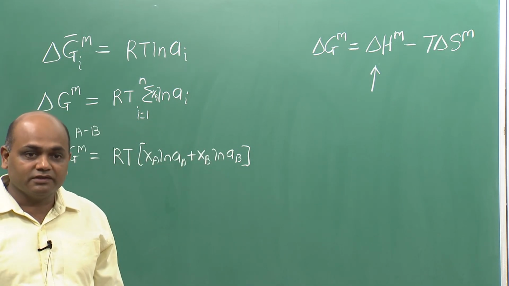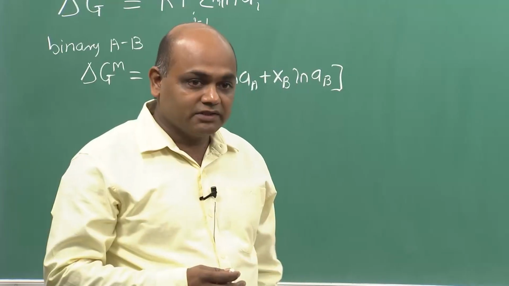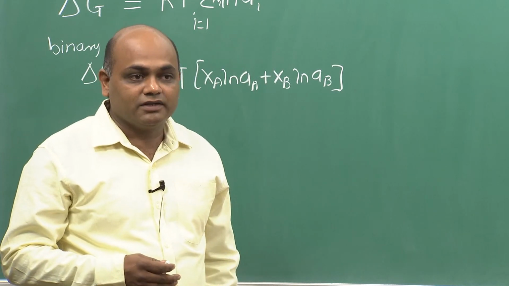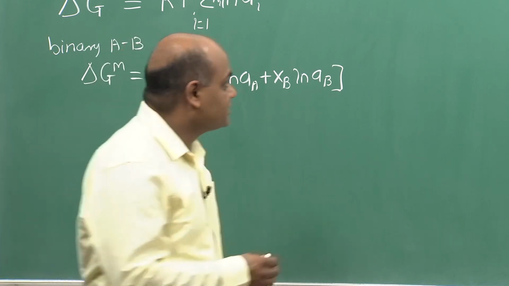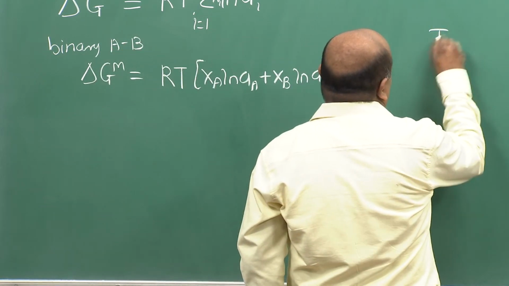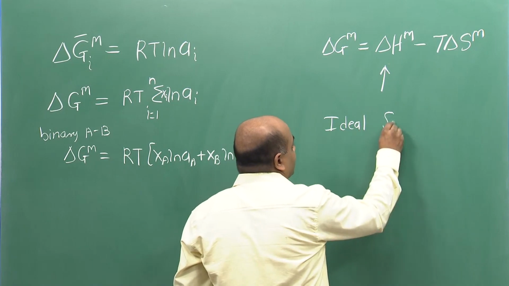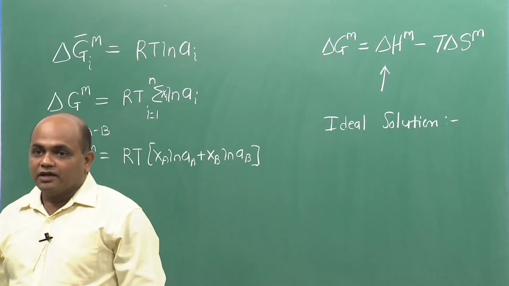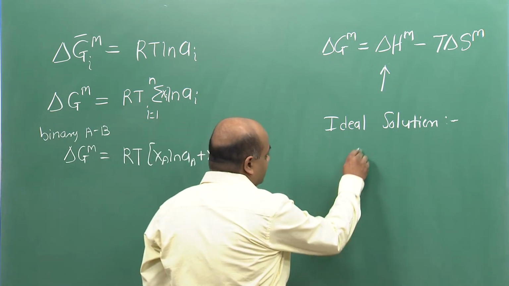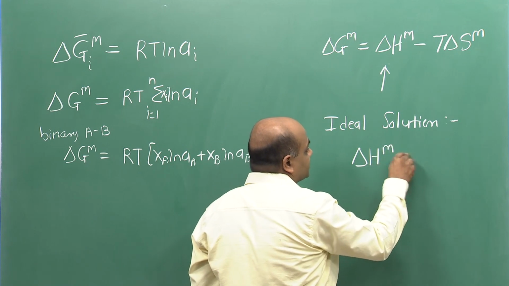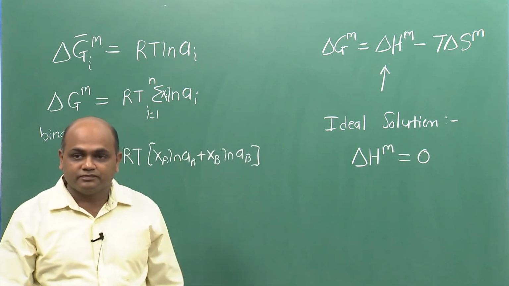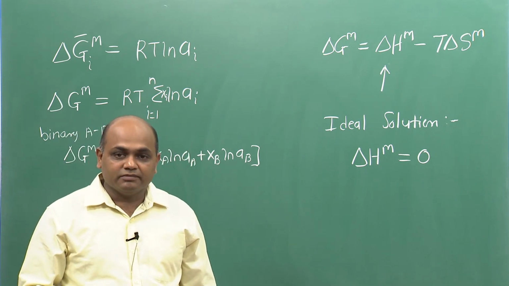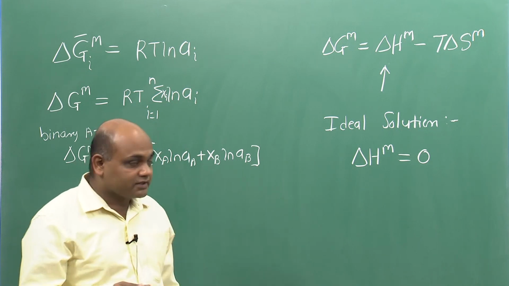And change in entropy. Obviously, when you form a solution from pure elements, in the solution there are more spatial configurations available, and so there is a change in entropy. So, we will first look at the ideal solution model. In an ideal solution, essentially the enthalpy of mixing is 0, which means there exist no interactions between the atoms, or if there are interactions they are all the same.